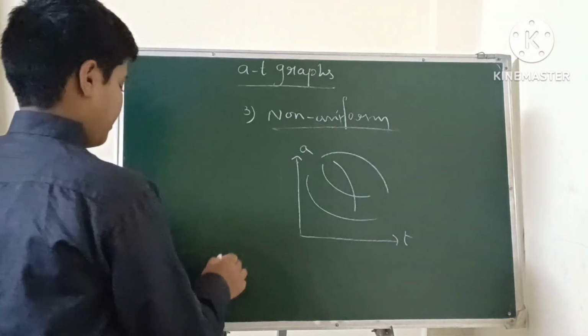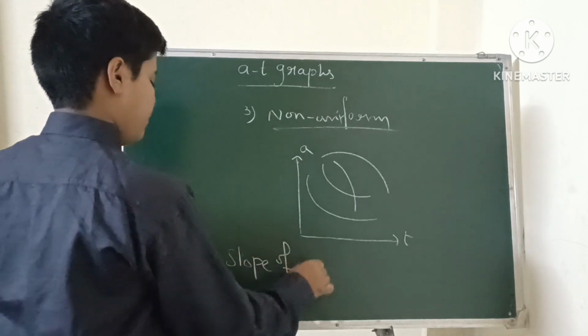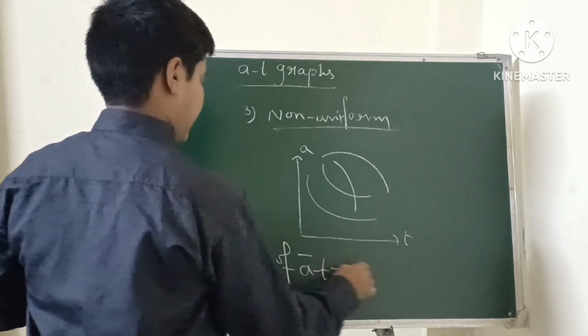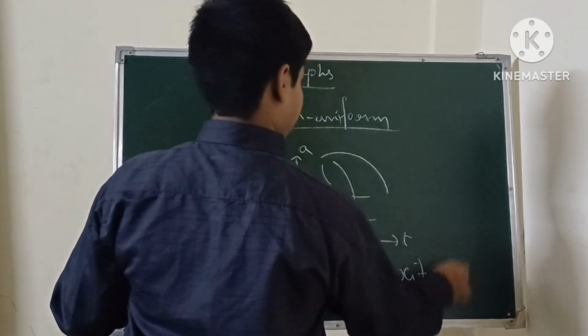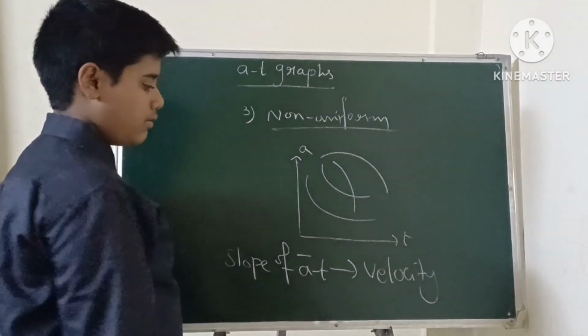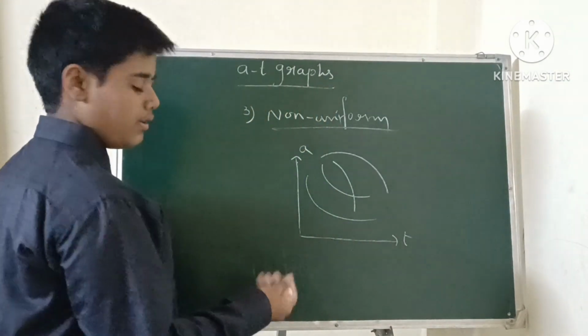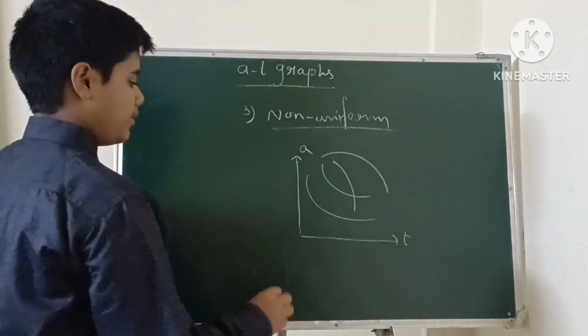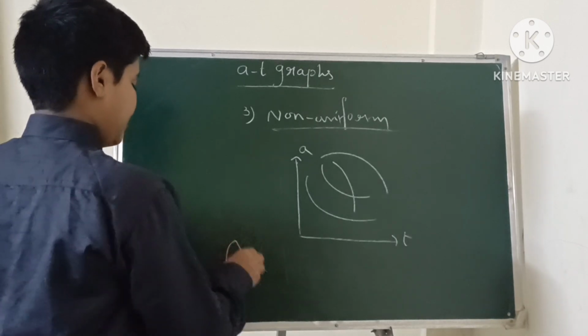And here the slope of acceleration time graphs gives velocity. There is no slope for acceleration time graphs. Area is there.